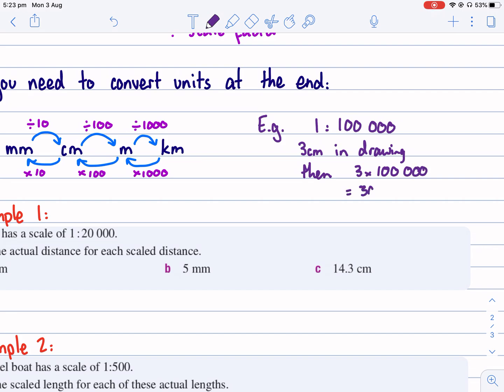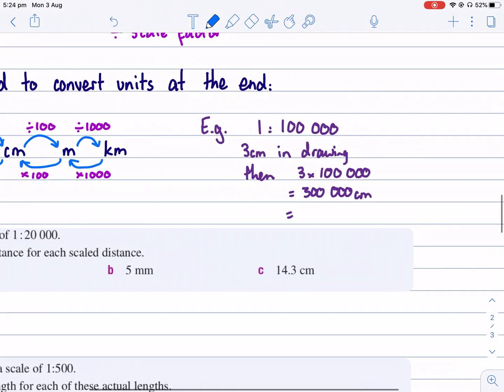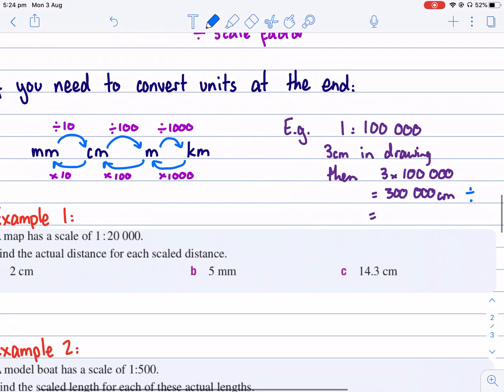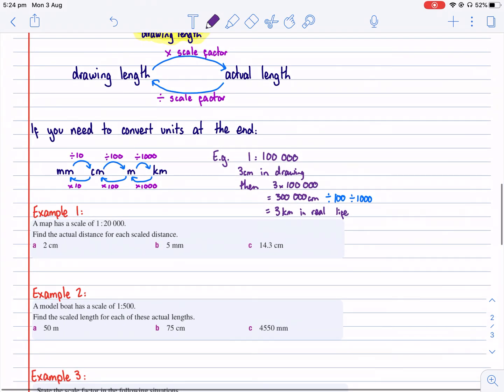Well, that's 300,000 centimeters. Now, I've got to divide that. If I want to go centimeters to meters, I divide by 100. And if I then want to go from meters to kilometers, I divide by 1,000. And that actually just equals 3 kilometers in real life. And they're the kind of scales you'll get more often.